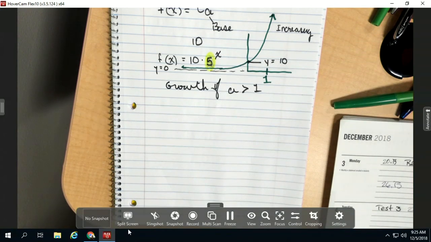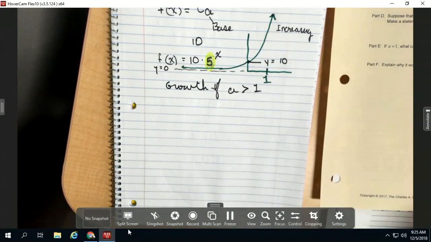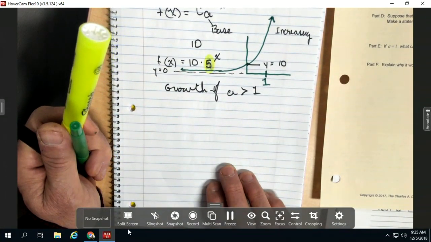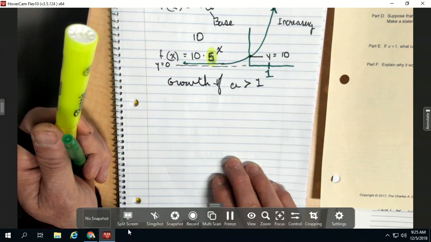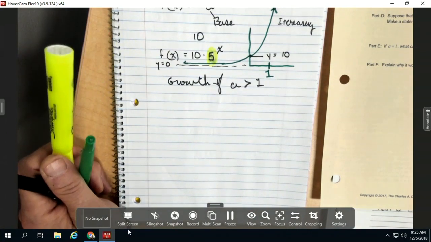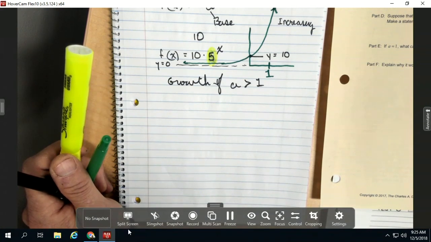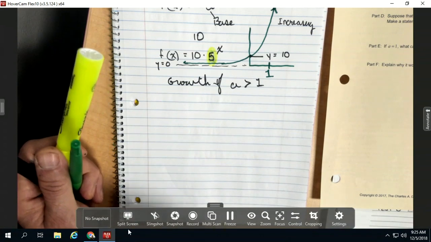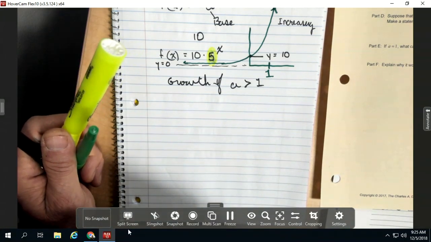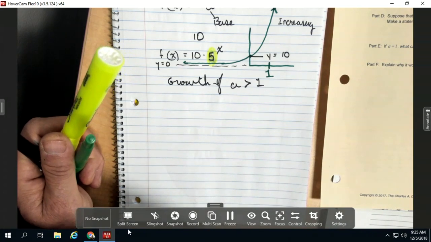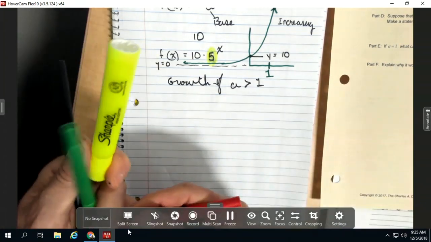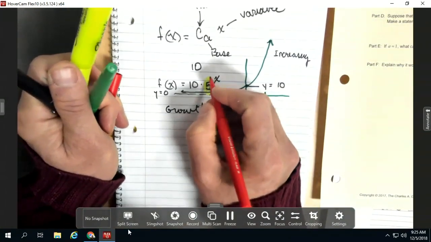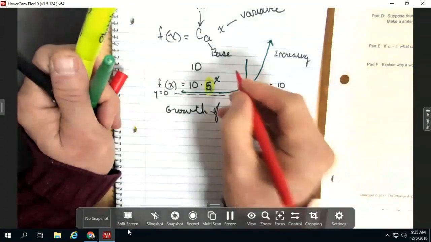Page 307. Suppose that A is greater than B, which is greater than 1. So now we're going to put another number on here. Let's choose a different number that you can raise to the x power.